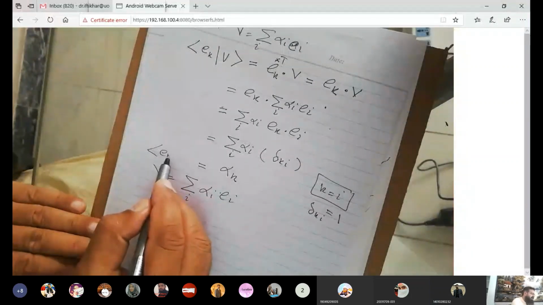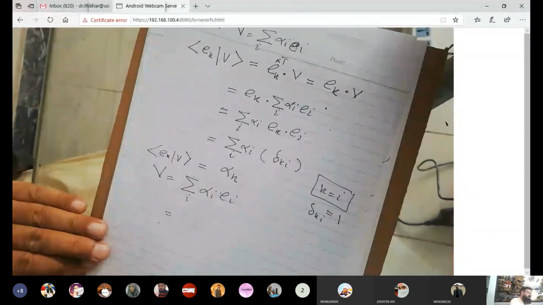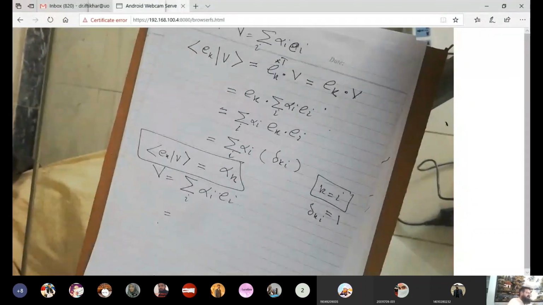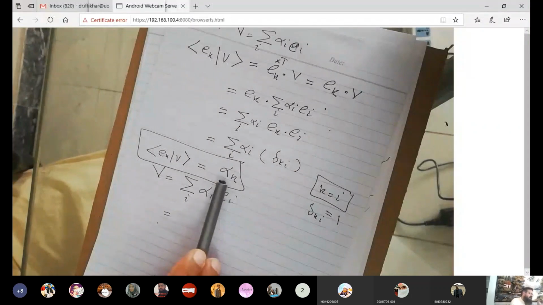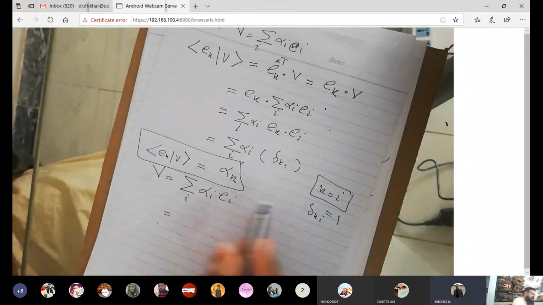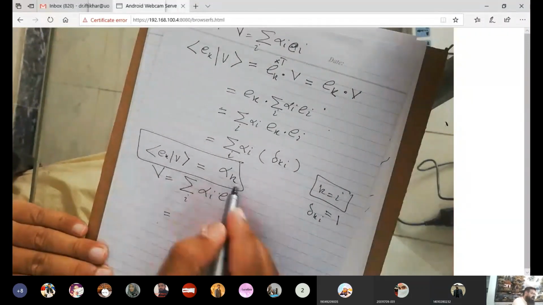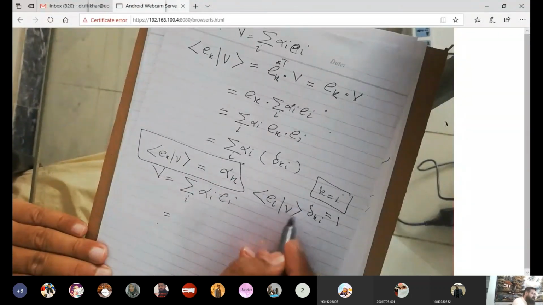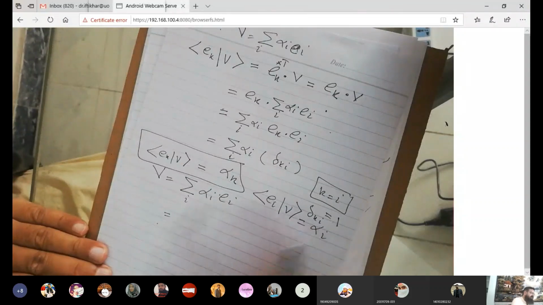What is the value of the inner product of e_k with v? It is equal to alpha k. So we can replace k with i, then we get that e_i into v is equal to alpha i.